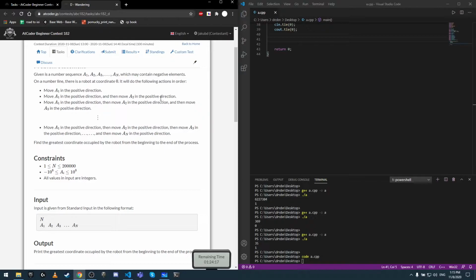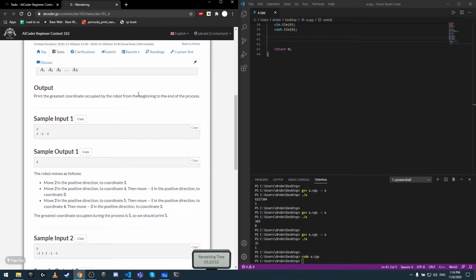On a number line, there is a robot at coordinate 0. It will do the move in the... okay. Interesting.